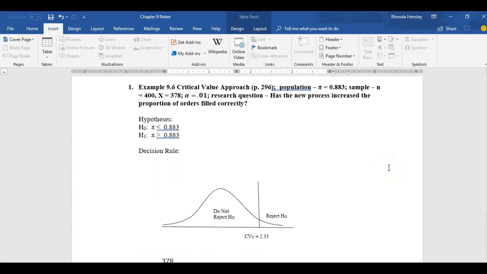So example 9.6 in the book, where we've got a population proportion that's 0.883, and then we take our sample of 400, and we find that out of that 400, 378 observations said yes to whatever it is we're measuring here, which I think I've forgotten.